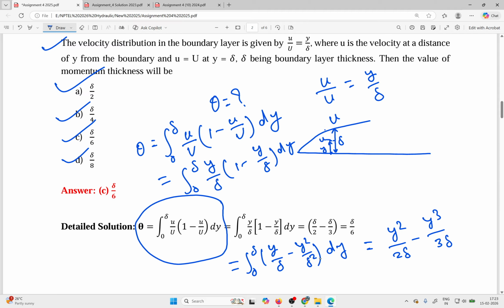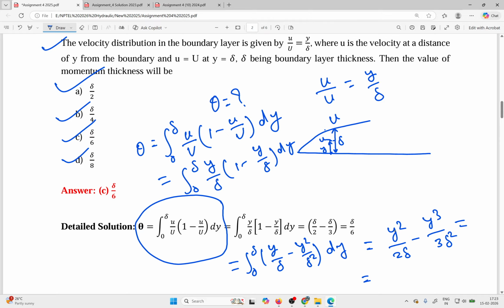Here also delta square. So now what you will get at y is equal to delta. The value of the momentum thickness will be at y is equal to delta.